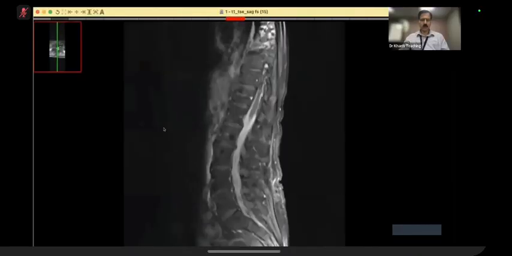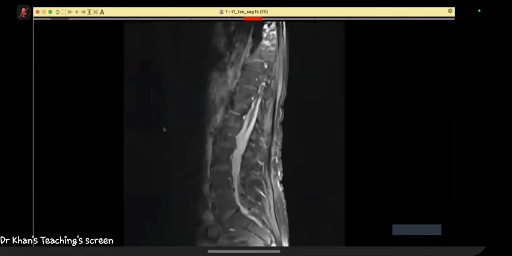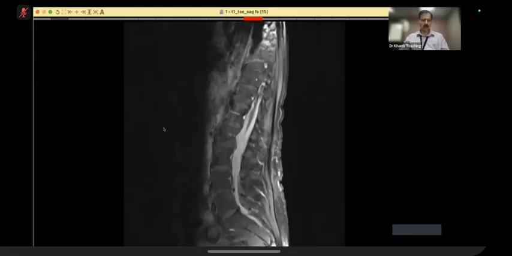I've given you a post contrast, fat saturated T1. So this soft tissue sheet shows post contrast enhancement. And conclusion.